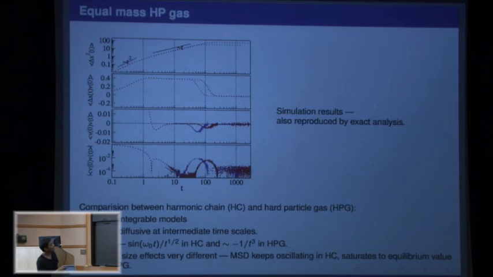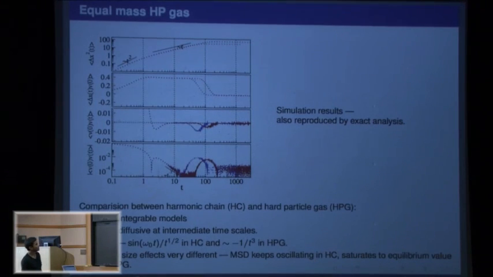In the harmonic chain, if you will remember, it was just oscillating forever, right? But here it goes to the expected equilibrium steady state value. And this saturation value scales with system size as N, as you expect for a one dimensional system.